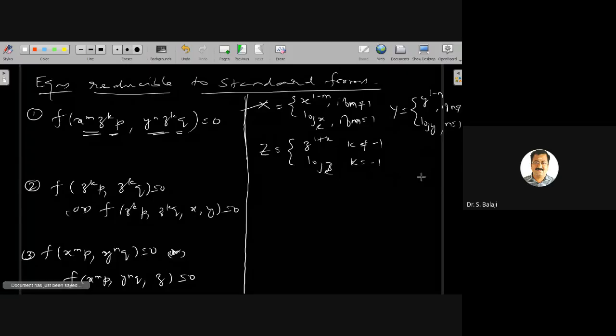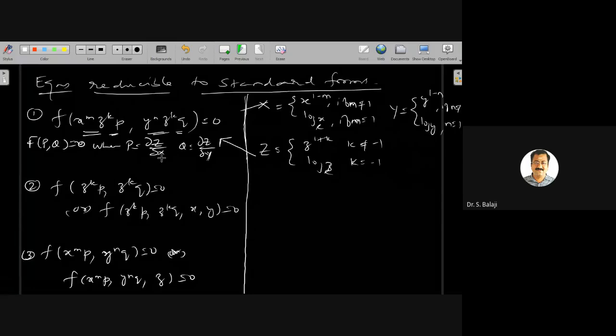Under this substitution, we can get corresponding changes in p, q, capital P, capital Q. These equations can be converted into f of P comma Q equal to 0, the first type, where capital P is equal to dou capital Z by dou capital X, and capital Q is equal to dou capital Z by dou capital Y. Then how can you get this P and Q from this idea?